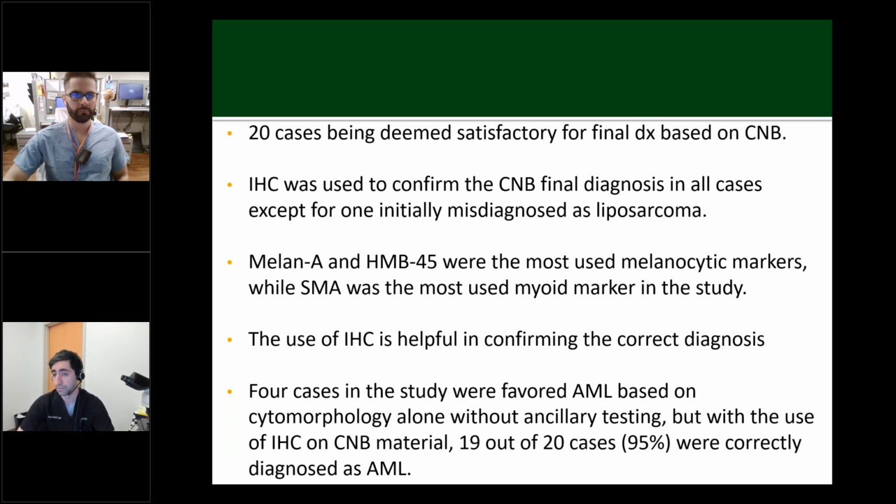IHC was used to confirm the core needle biopsy diagnosis in all cases except for one initially misdiagnosed as liposarcoma. Melan A and HMB45 were the most used melanocytic markers, while SMA was the most used myoid marker in this study. The use of IHC is helpful to confirm the correct diagnosis, especially after having it as a differential.